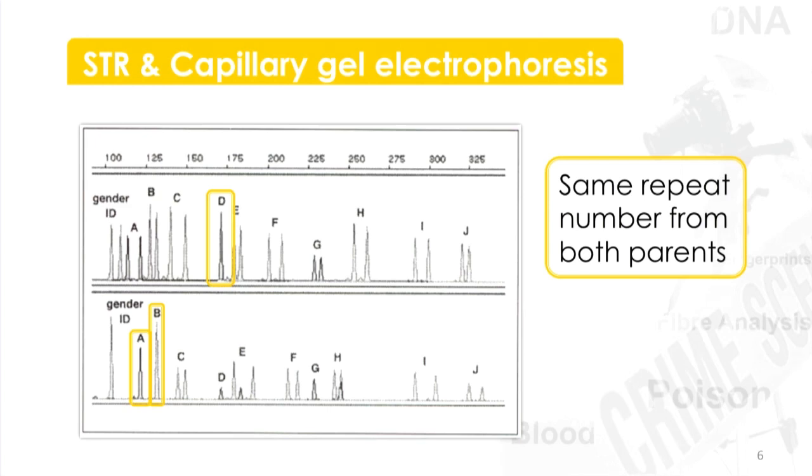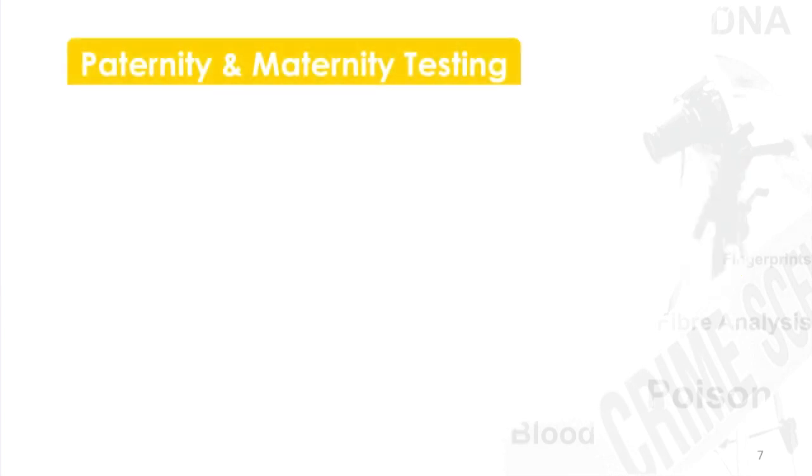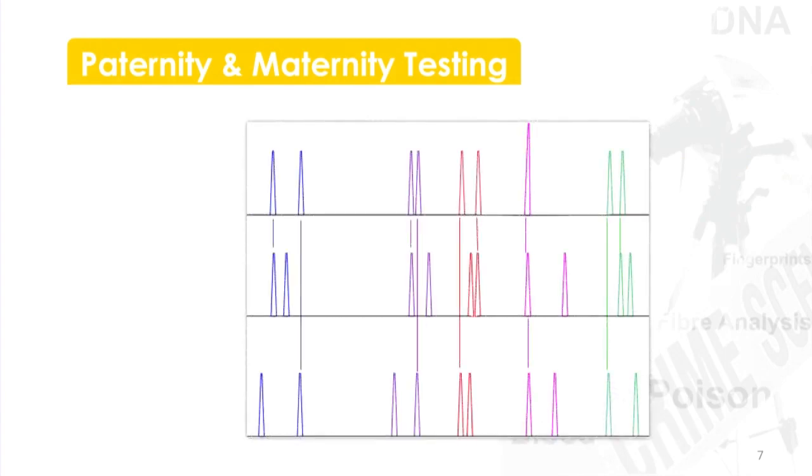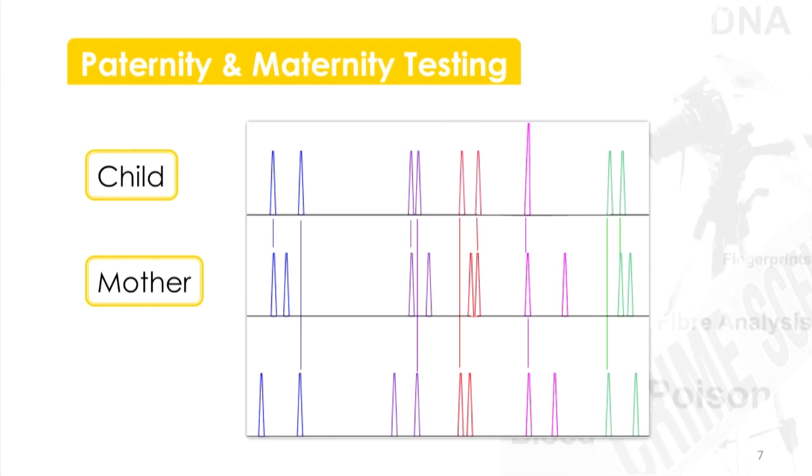Because it's all inherited from your parents, this is how paternity and maternity testing is done. So here we have an example, and what we've done is to color code it so you can see it clearly. At the top is the profile of the child, in the middle is the profile of the mother, and at the bottom is the profile of the father.